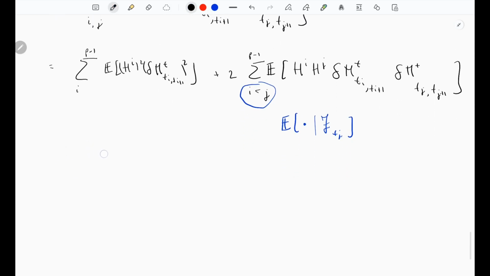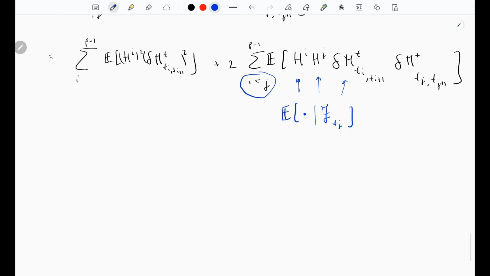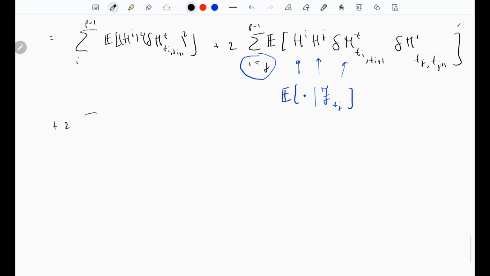What you get is this: since i is smaller than j, it's F_tj measurable, it goes out of the expectation, obviously, of the room. It leaves the room. So you get X_i, h_i, X_j, the increments, the expectation. So now let's write it in full.